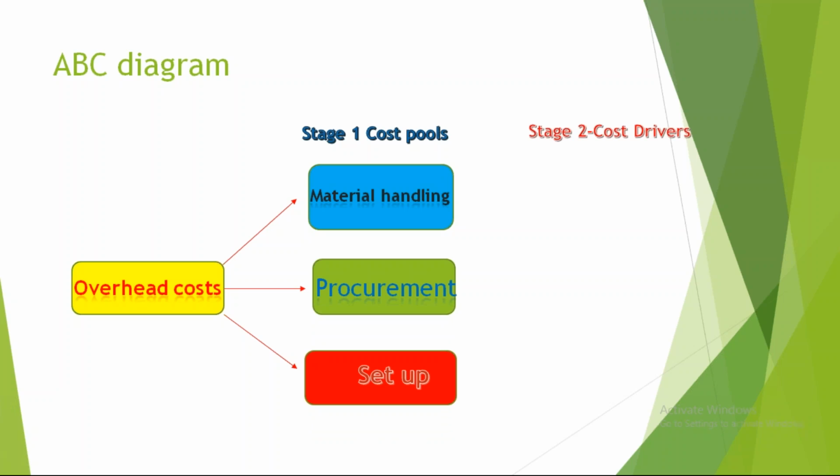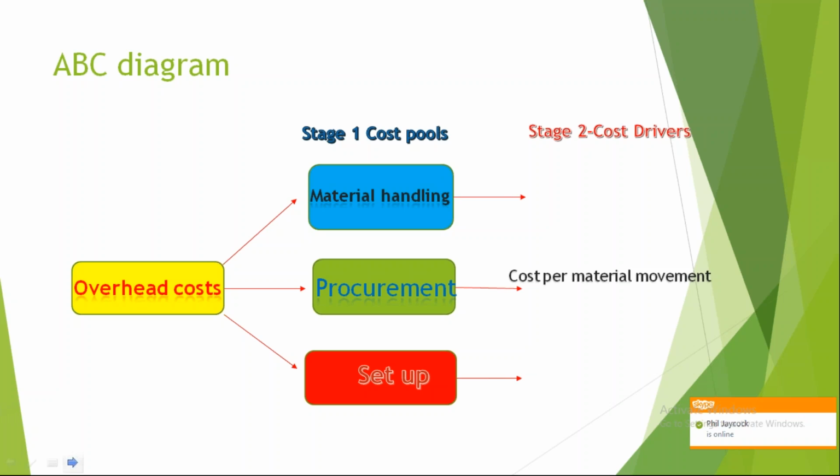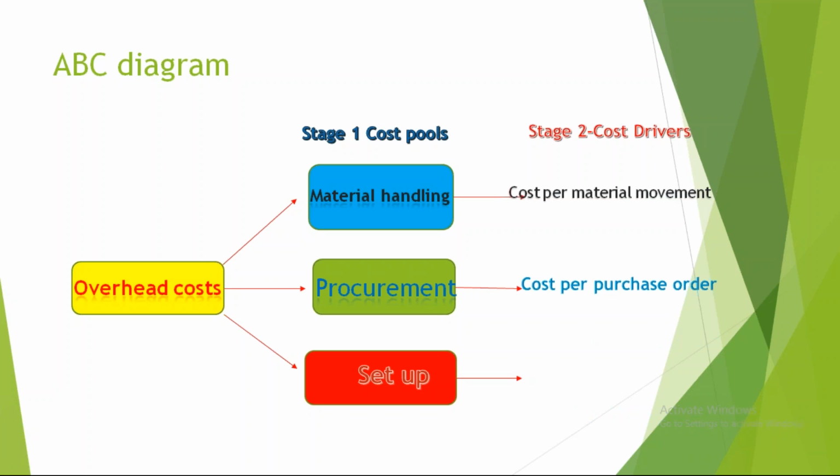I have put up 3 here, and for each cost pool, we have to look at the cost driver, which drives the material handling activity. Surely the material handling is driven by the cost per material movement. So we have to find out what is the cost per material movement. Procurement, cost per purchase order.